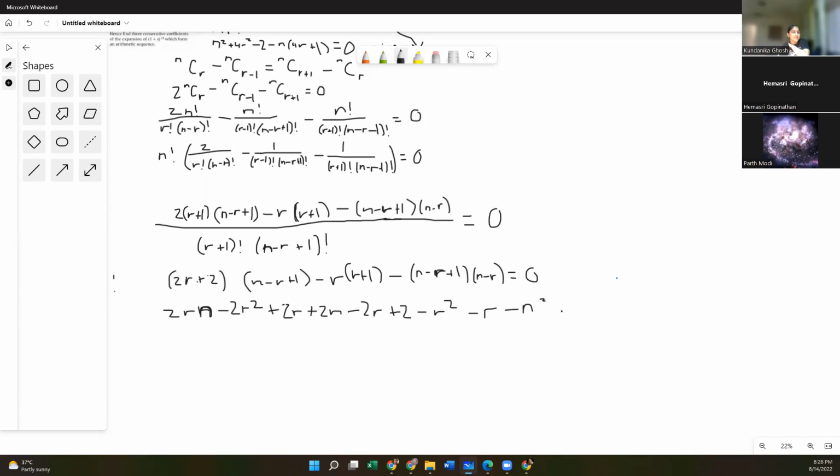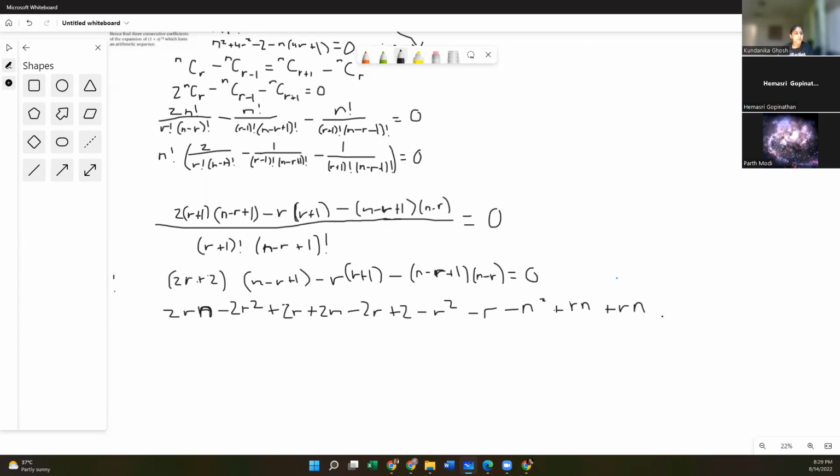Minus n times minus r is plus nr; we'll rewrite nr as rn so it doesn't confuse us when we combine like terms.